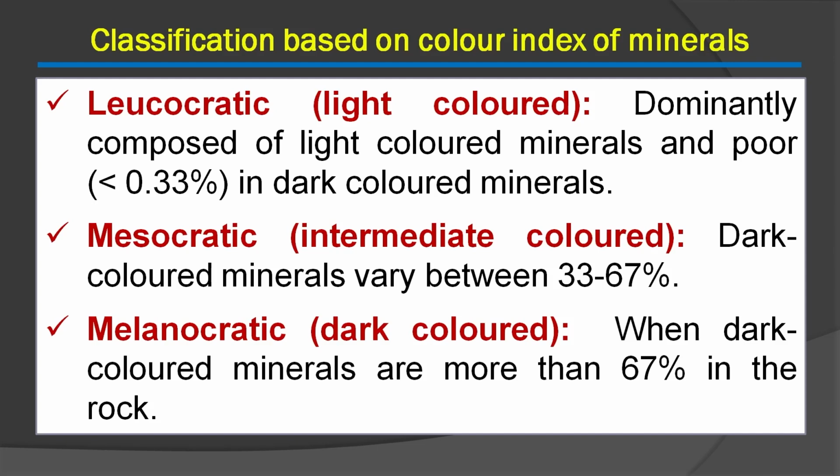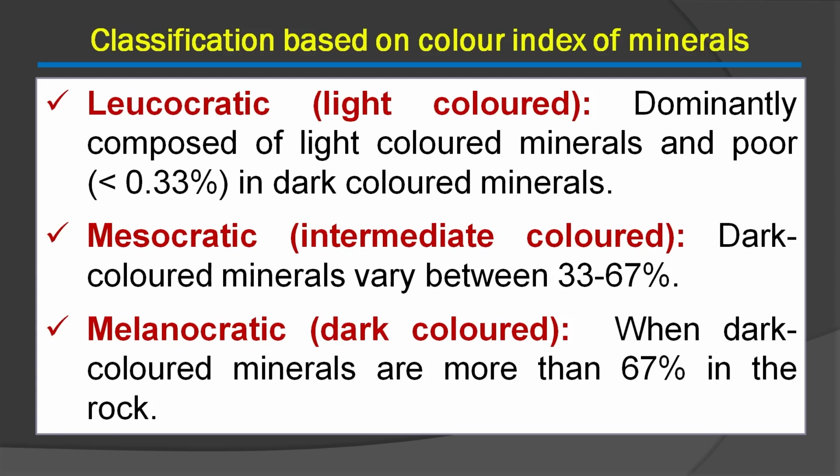Then we also have a classification based on the color index of minerals. We have leucocratic rocks, which are light in color and dominantly composed of light colored minerals and poor in dark colored minerals. These rocks have less than 33% of dark colored minerals. We have mesocratic rocks.